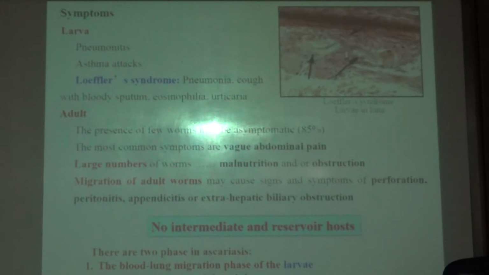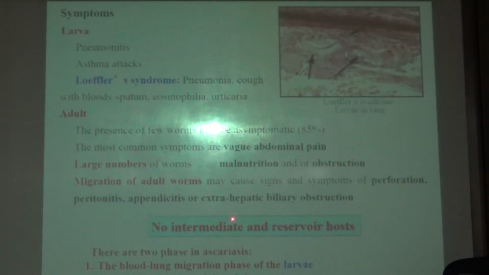Large number of worms may lead to malnutrition and or obstruction. Migration of adult worms may cause signs and symptoms of perforation, peritonitis when these worms move in the body. They can also aggravate appendicitis and may lead to appendicitis, but there is no definitive cause of appendicitis as such.